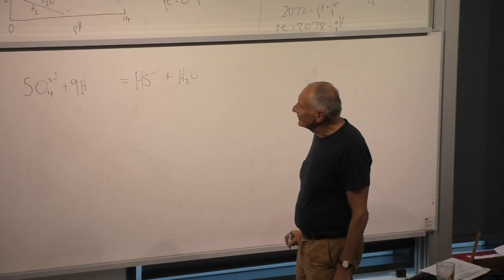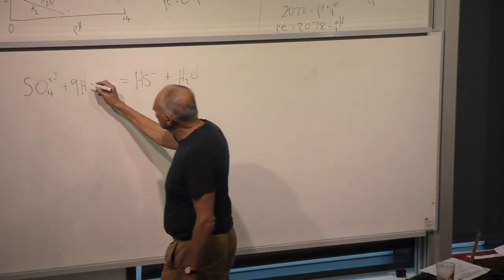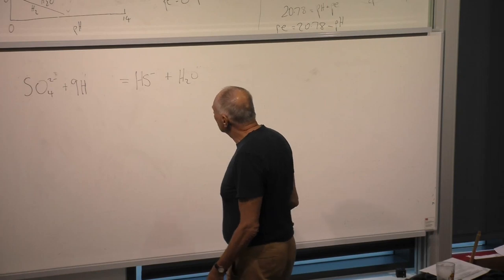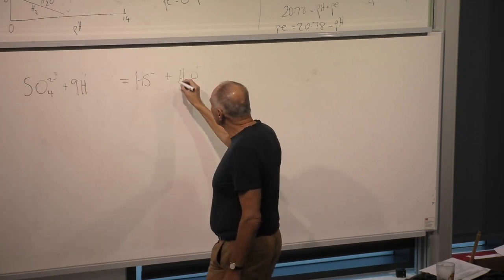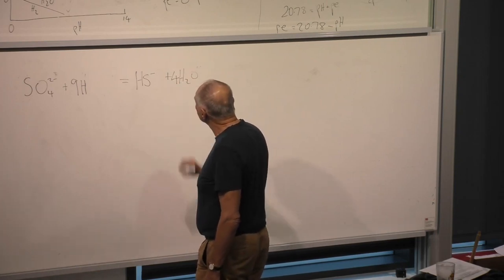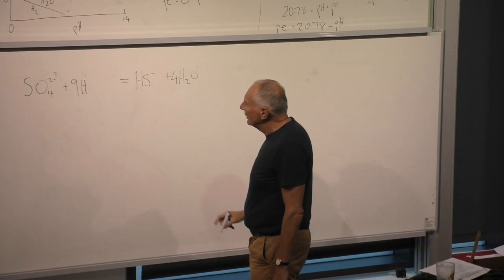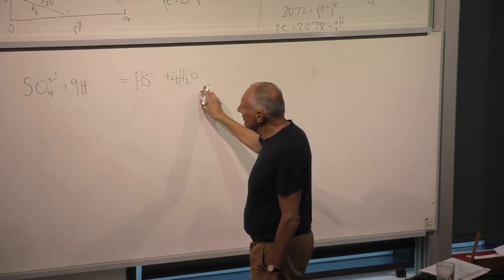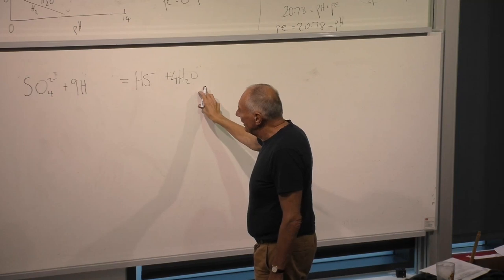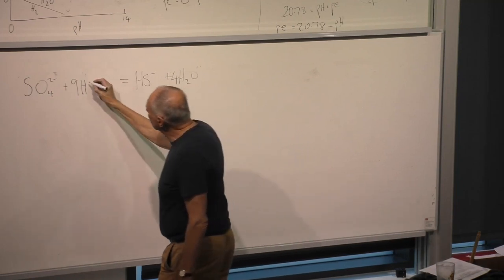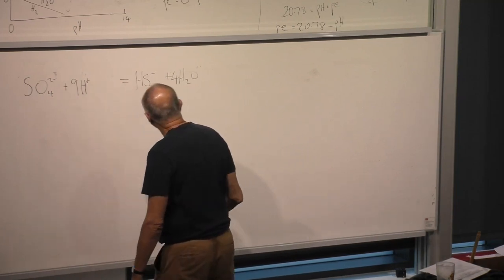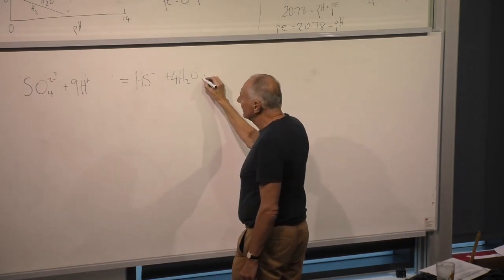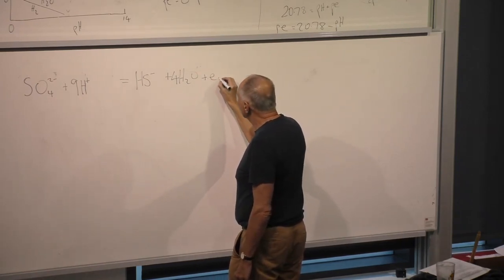So 9H plus. We need 4, that will give us 4 waters. There's 1 sulfur. So 4 H2O, the oxygens are balanced. And we've got 1 too many electrons. So we need E minus.